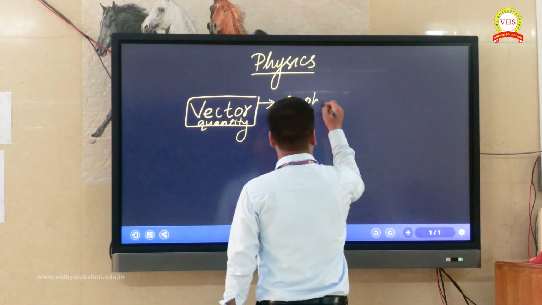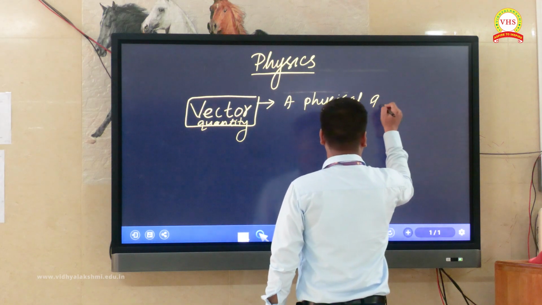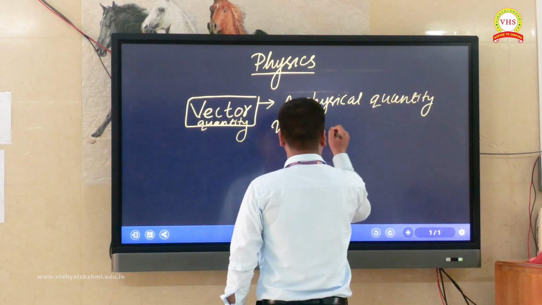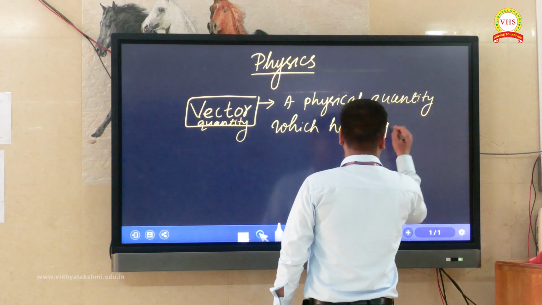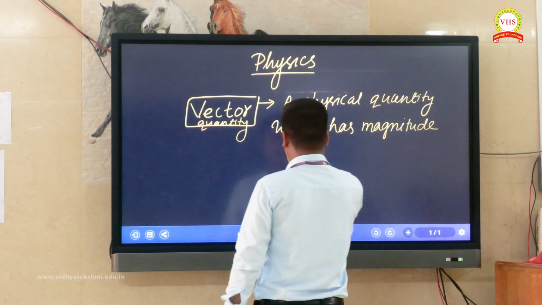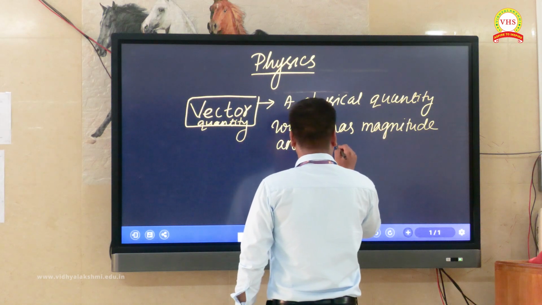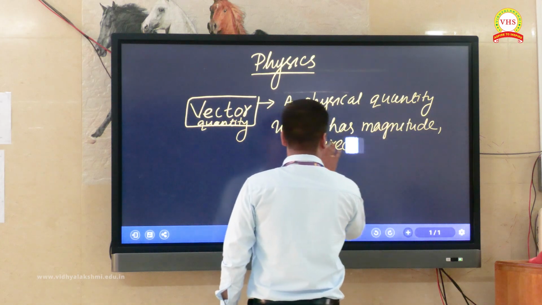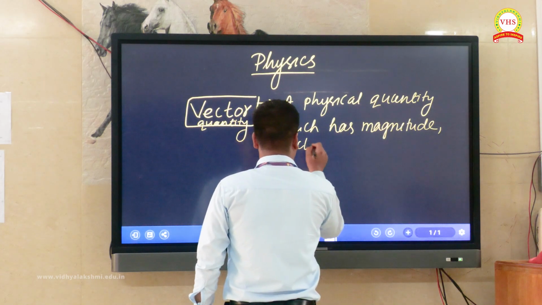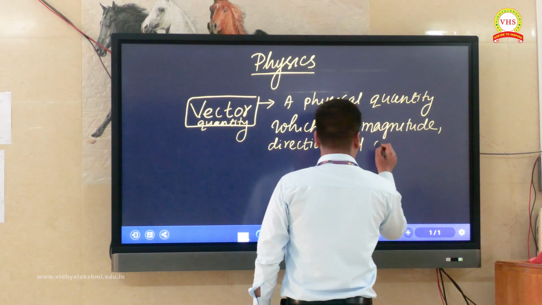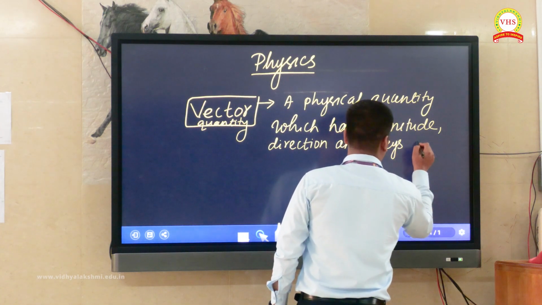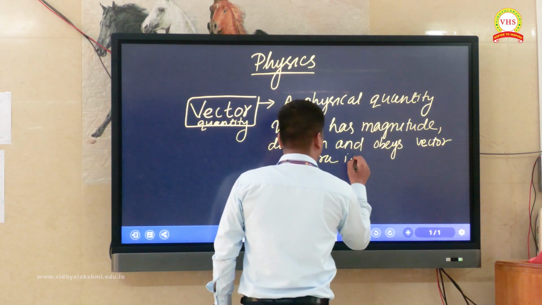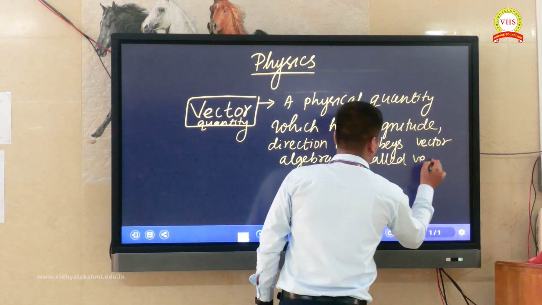A physical quantity which has magnitude and direction, and always obeys vector algebra, is called a vector quantity.